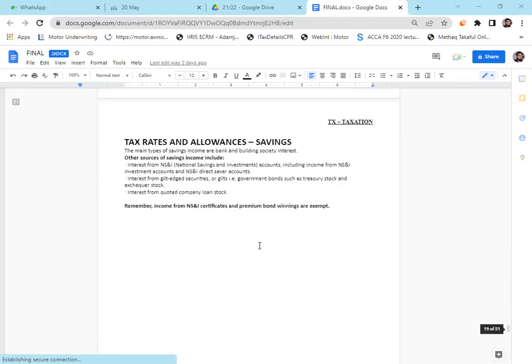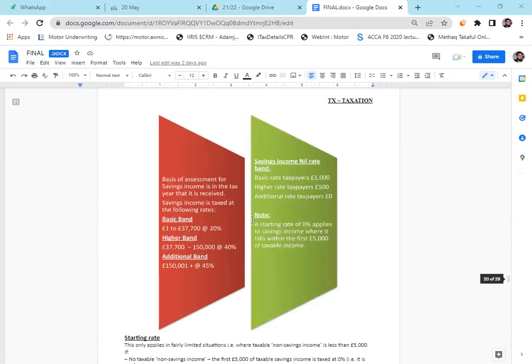All the theory regarding what we discussed right now is already provided in the notes. You can read. And the system of start band, nil rate band, and all this are mentioned over here.